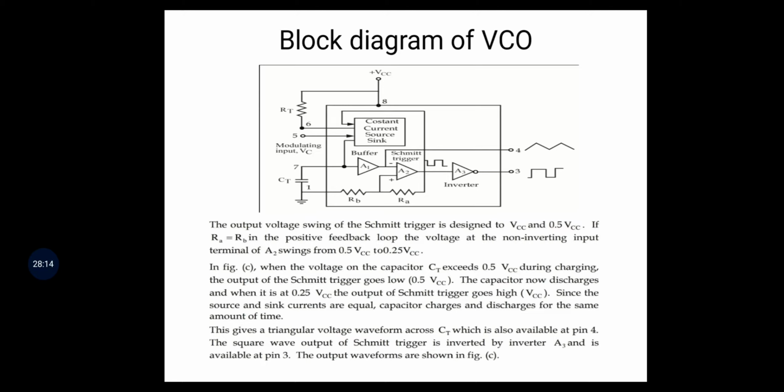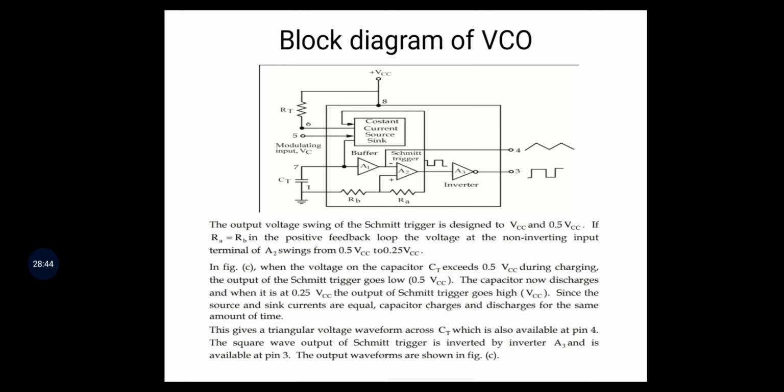The capacitor now discharges, and when it reaches 0.25 VCC, the output of the Schmitt trigger goes high. Since the source and sink currents are equal, the capacitor charges and discharges for the same amount of time.